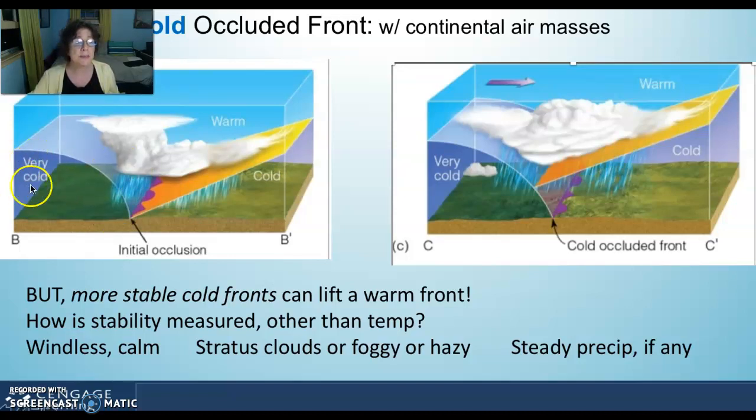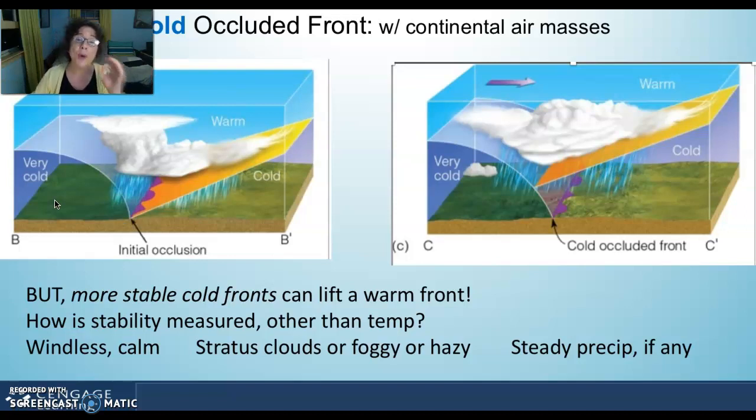Some of the things that predict stability are if it's windless or calm, because remember that predicts a stable atmosphere. Remember, fog can really only exist where there's no wind in the atmosphere. If you have fog, or if you have stratus clouds in your very cold front, that is an indication that it is a very stable front that might be able to kick up a warm front.